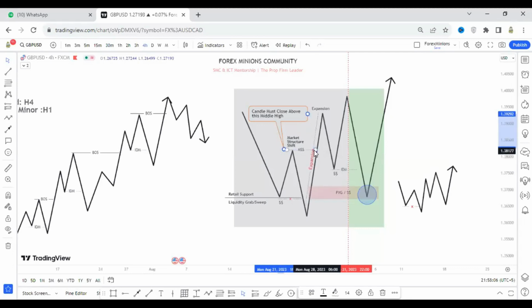If the candle just passes this high with the wick, then I will not consider it a high probability zone. The candle must close above this middle high. What is the middle high?